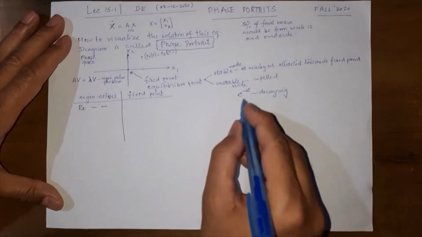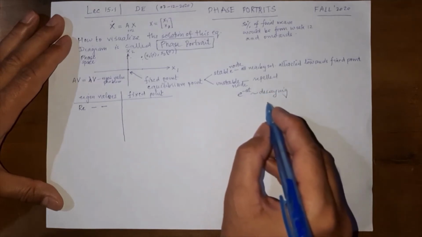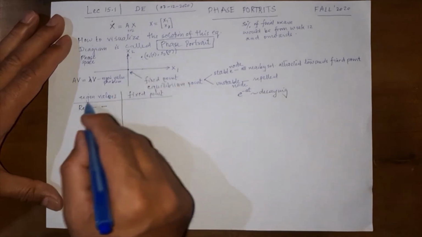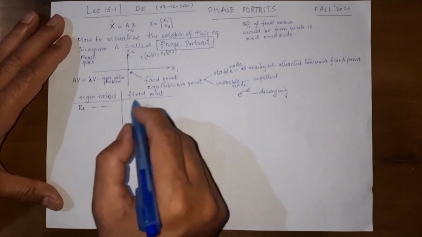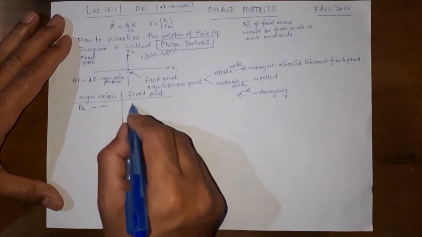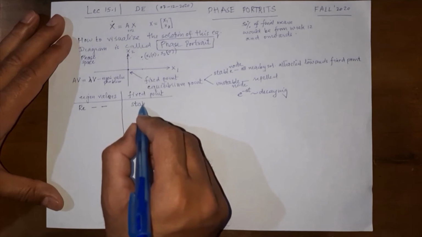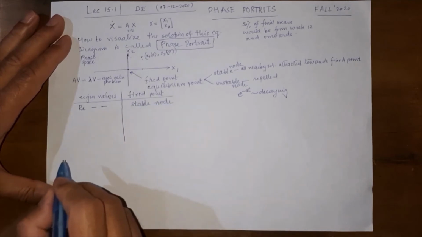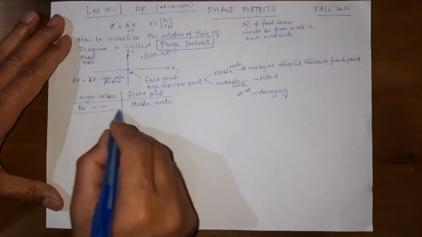So you can very easily see that the solution is going to decay, and therefore starting from any initial condition for such a system with negative eigenvalues, the fixed point is going to behave as a stable node. I hope you understand this.